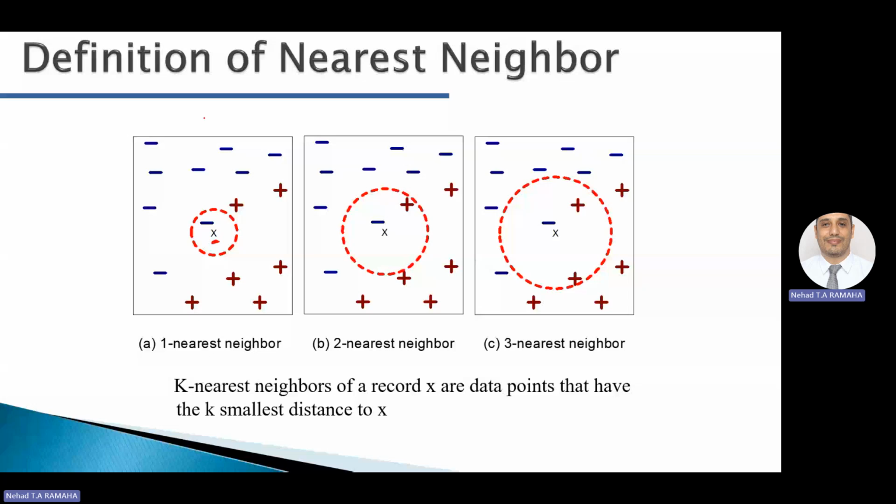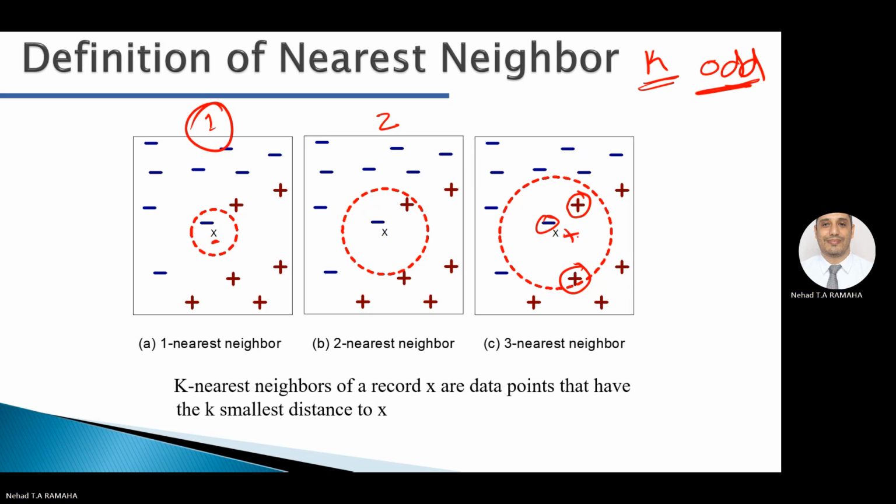That's why K is better to be an odd number, to avoid a tie between the categories. When we take 3 neighbors here, we have 2 plus, 1 minus, so it becomes plus. So as you can see, for K equal 1, X becomes minus. For K equal 3, it's plus.